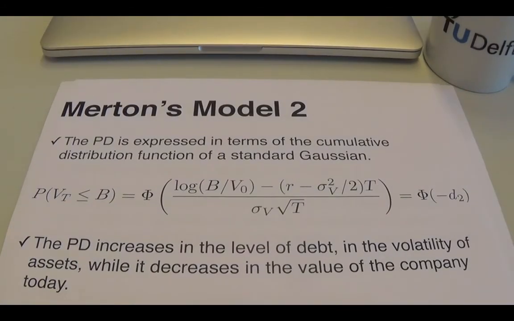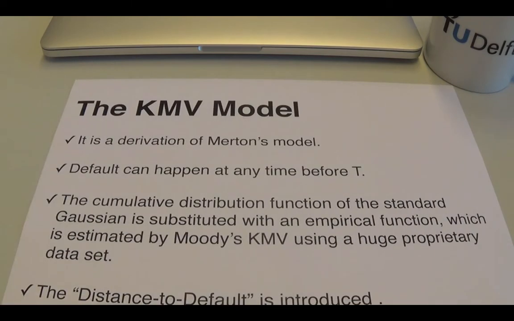We have then seen the KMV model. The KMV model is a derivation of Merton's model. It is actually one of the most important derivations of the model. In the KMV model, default can happen at any time before t, so not only at maturity.